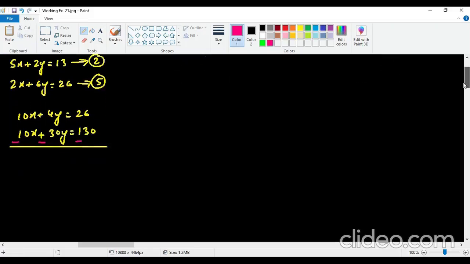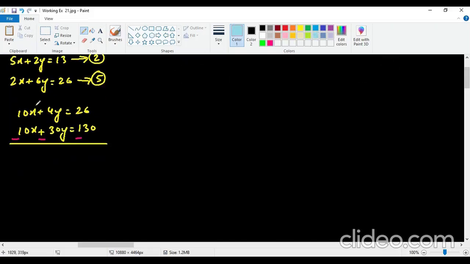Now in here, these two are going to be cancelled, and minus 30 and plus 4y is going to give us a negative 26y, and minus 30 minus 130 and plus 26 is going to give us a negative 104. Minus signs from both sides are going to be cancelled. So 26y equals 104. So y is equal to 104 divided by 26, which is going to give us 4.